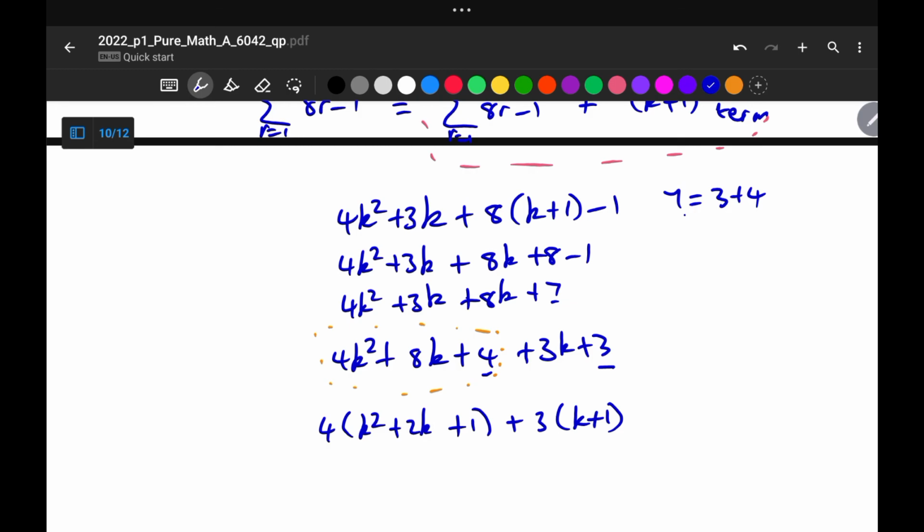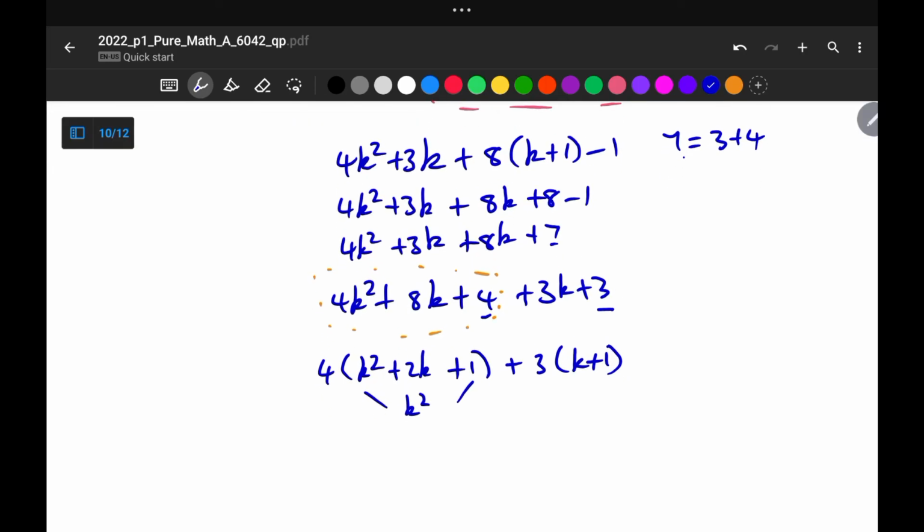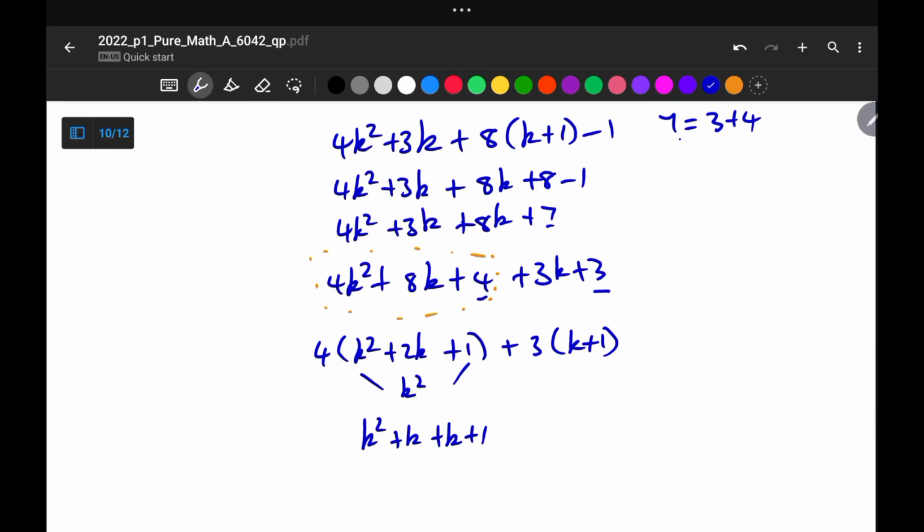To factorize this, we are looking for two numbers that multiply to give k squared and add to give 2k. These two numbers are k and k, so it is now k squared plus k plus k plus 1, and we can factor out k from the first two terms, so it is k a factor of k plus 1, and we can also factor out 1, giving k plus 1.